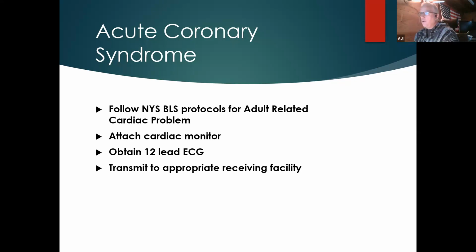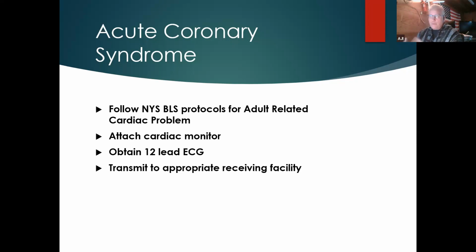So acute coronary syndrome, we're going to follow the New York State BLS protocol for adult-related cardiac problems. So we're going to attach a cardiac monitor. We're going to obtain a 12-lead EKG. We're going to transmit to the appropriate receiving facility. You may remember me talking about this if you've watched our medications and pharmacology presentation, where we talked about a little bit of the protocol.